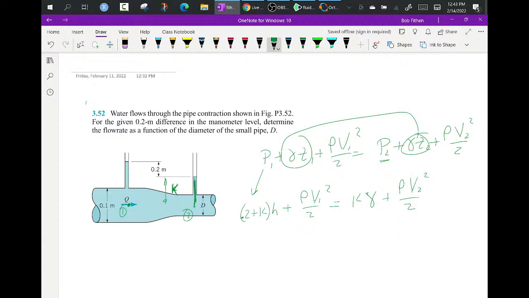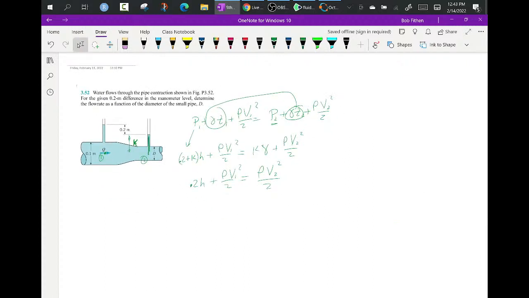Alright, now I can simply say 0.2 gamma plus rho V1 squared over 2 equals rho V2 squared over 2. Now, I can use this relationship between these two, mainly pi times 0.1 squared diameter over 4 times V1 equals pi d squared over 4 times V2.